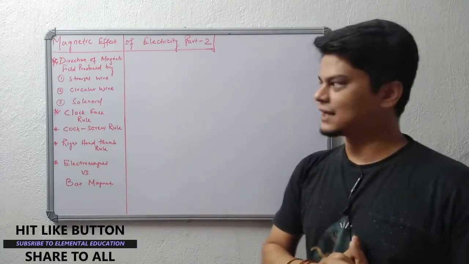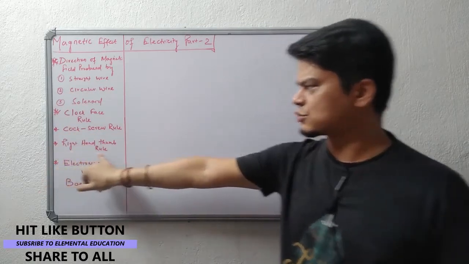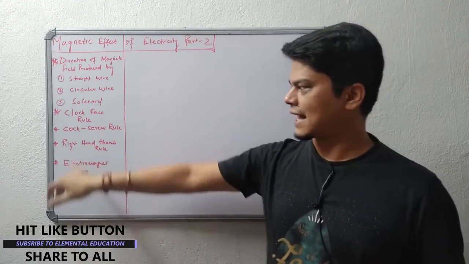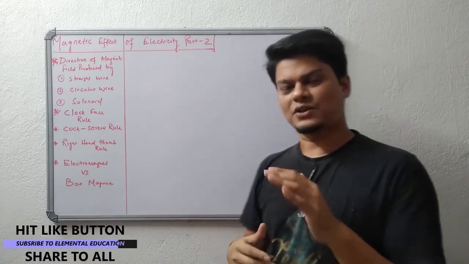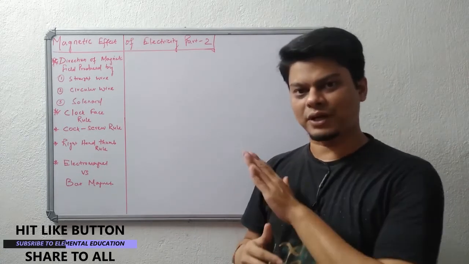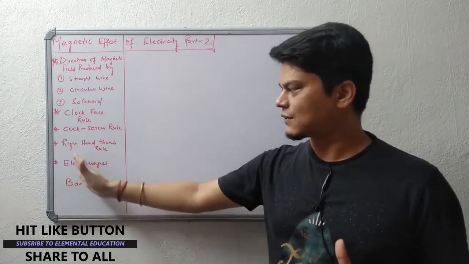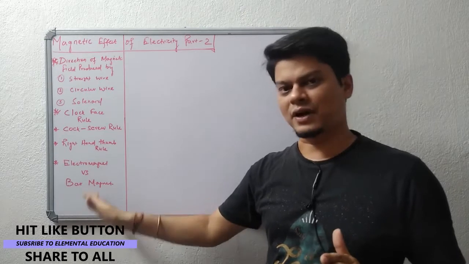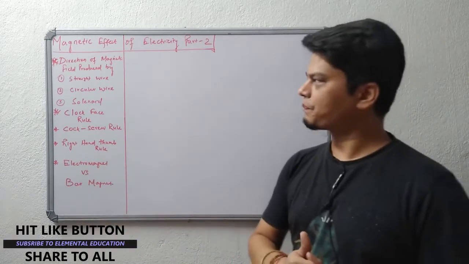Before I begin, I must tell you there are three kinds of rules we'll be studying today: clock face rule, corkscrew rule, and the right hand thumb rule, to decide the direction of the magnetic field produced when the current is flowing in a particular direction. And the last one, we'll be studying about electromagnet and the bar magnet. What are the differences between these two? So guys, let's begin our video.